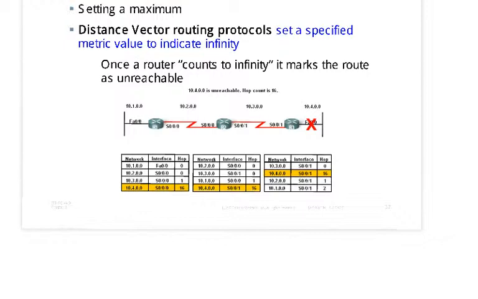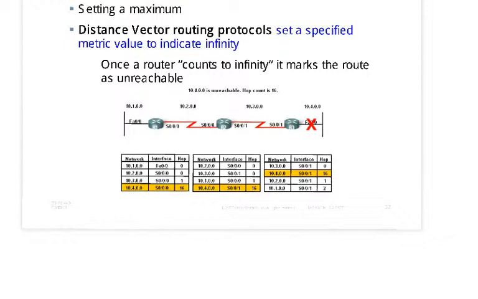Because if a router receives a packet which is destined to 10.4.0.0, it checks the hop count, it becomes 16, which means that this network is unreachable. So it stops forwarding the packet. So it will not go into loops. Okay? So the situation that we talked about before is the first stage until the count to infinity happens.